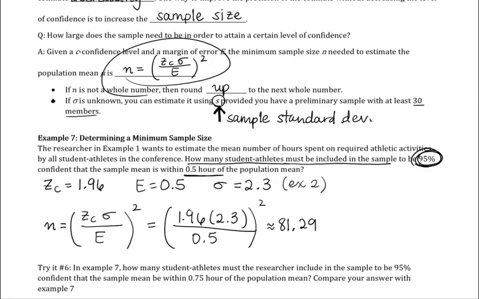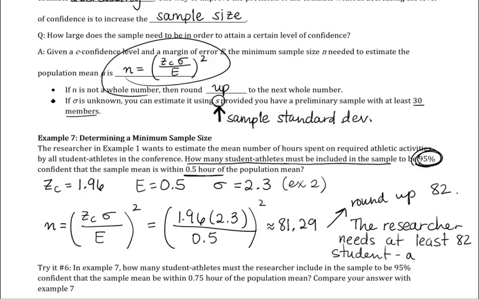Now, 81.29 is not a whole number, so I'm going to round that up to 82. So the researcher needs at least 82 student athletes in order to be 95% confident that his sample mean is within that 0.5 hours.